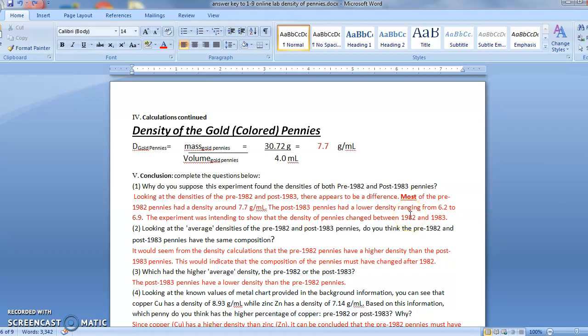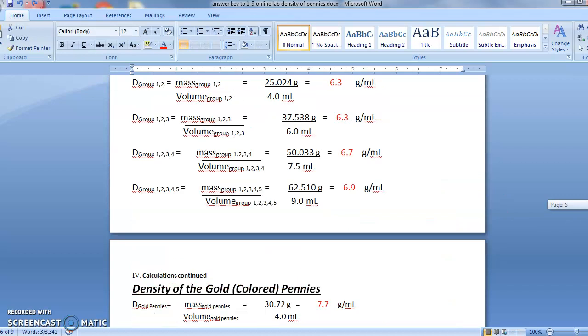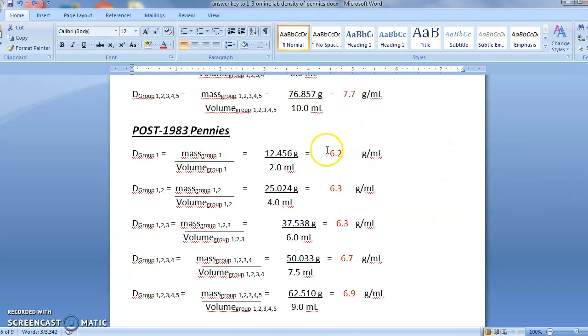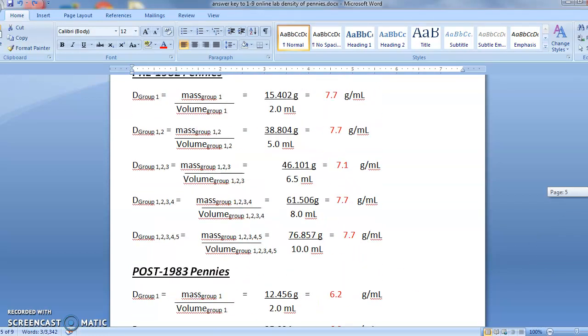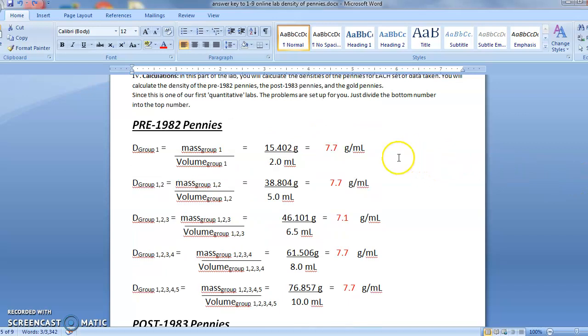Why do you suppose this experiment found the densities of both the pre-1982 and post-1983 pennies? I think if we look at these numbers, the post-1983 seem to be somewhere between 6.2 and 6.9 in their density. The 1982 or older pennies seem to be around 7.7. This is off a little bit, but most of them seem to be right around 7.7.